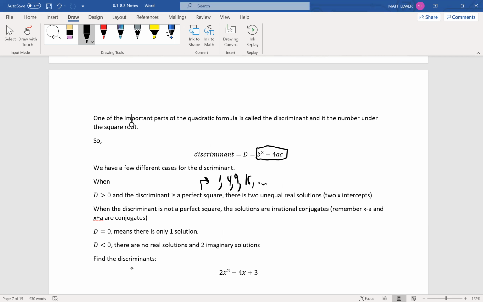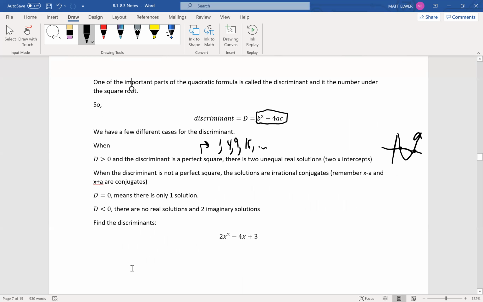What that means is, if I have a graph of this quadratic equation, we have something called a parabola that goes down and comes back up. We have these two places where it crosses the x-axis, which are our solutions, the two x-intercepts. So when it's greater than 0 and it's a perfect square, we have those two solutions.